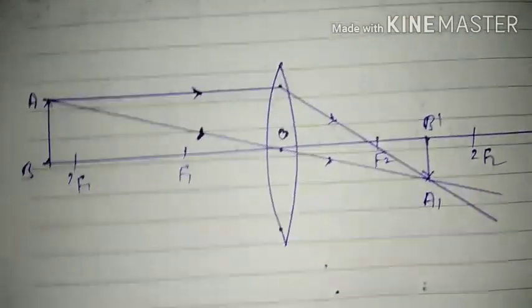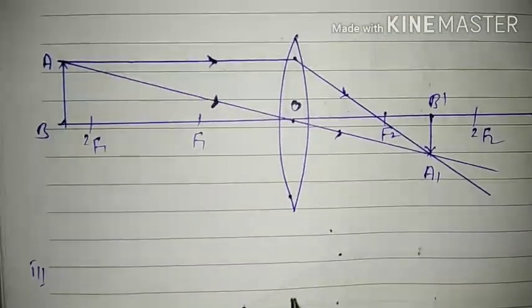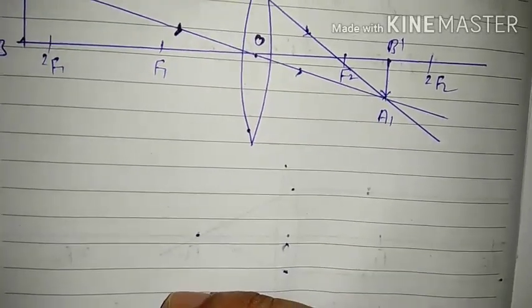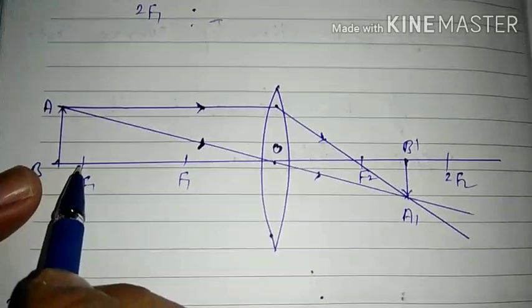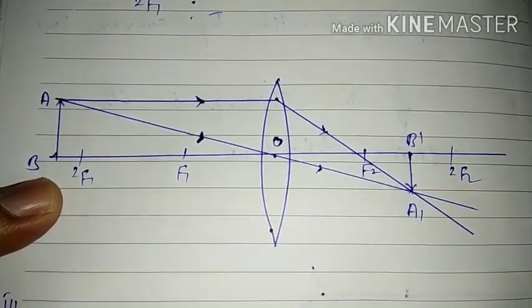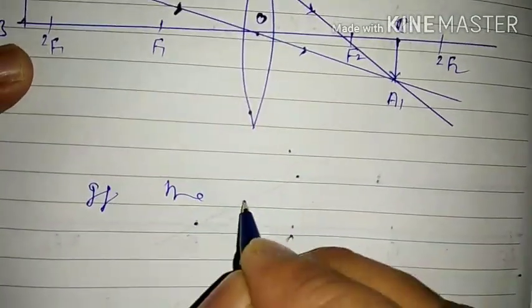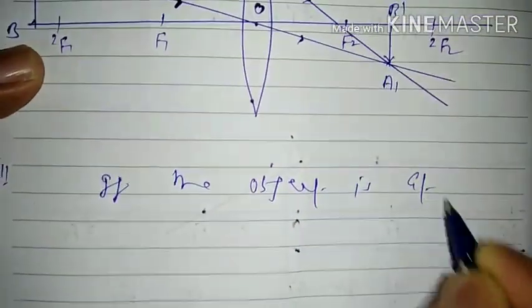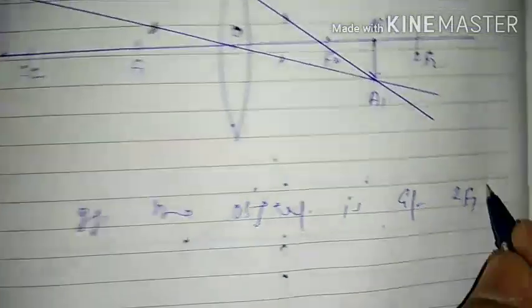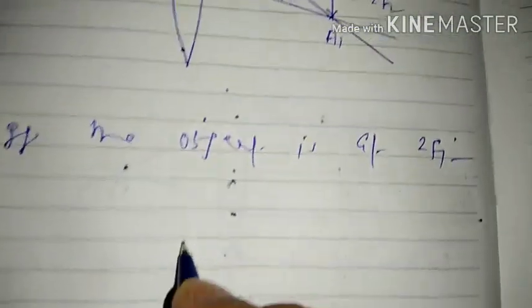So now see case number 3. In third case, suppose the object is now brought closer to the lens. Suppose the object is at 2f1. Then see what is the situation. This is our convex lens. This is optical center.